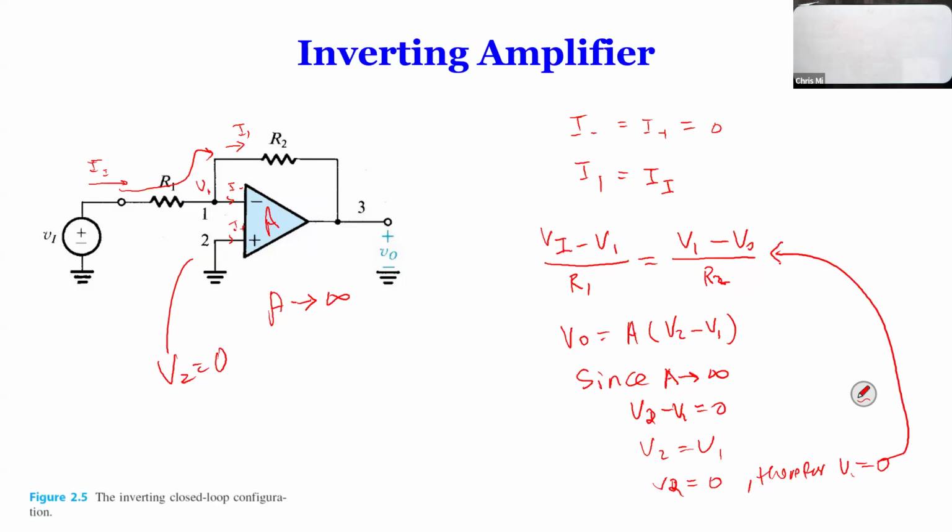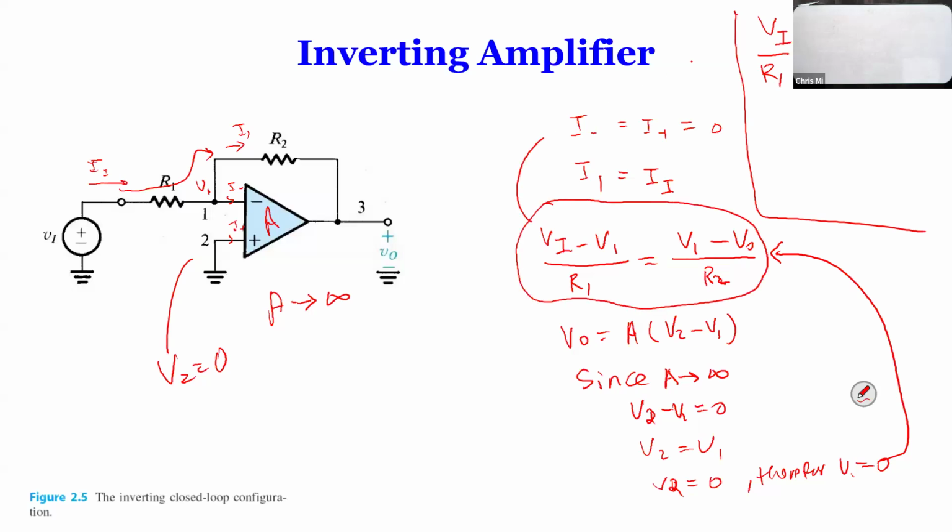So now we can plug this back in. Because V1 is 0, we directly have Vi divided by R1, taking this equation here, equal to minus VO over R2.